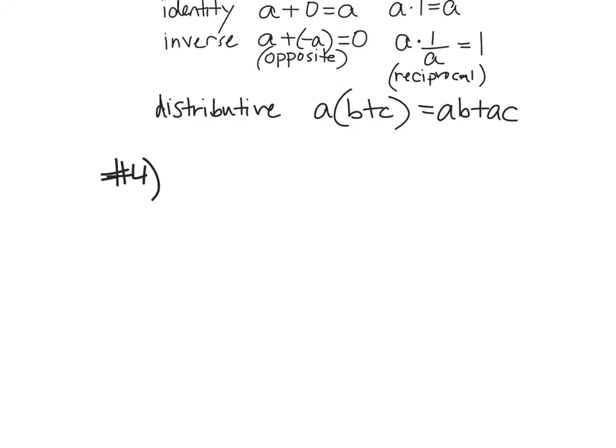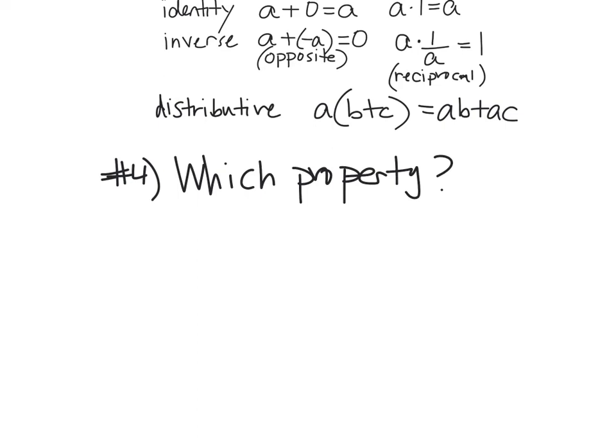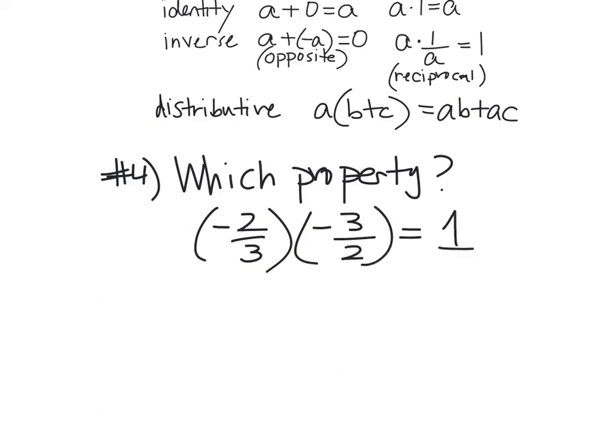All right, so the question is, and I have 4 of these to go, which property is being illustrated here? Okay, so here we go. If I take negative 2/3 and multiply it by negative 3/2, I will get 1.